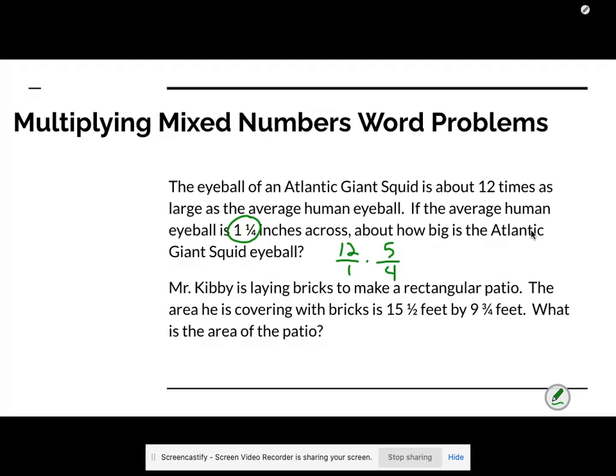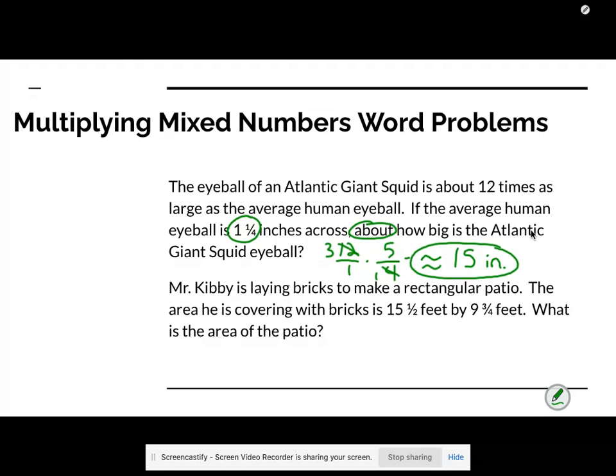Checking to see if there's anything I can cancel, and I can. Goes in there 3 times. So the word about, there is a way that you can, in math, write it: a squiggly equal sign, which means approximately or about. When I multiply across, 15 inches is my final answer.